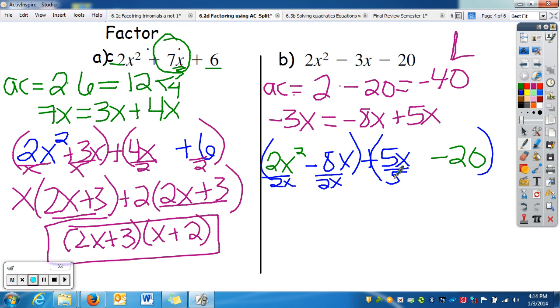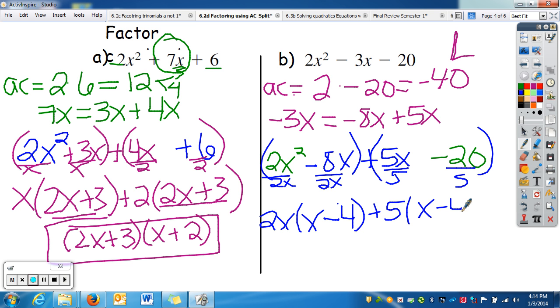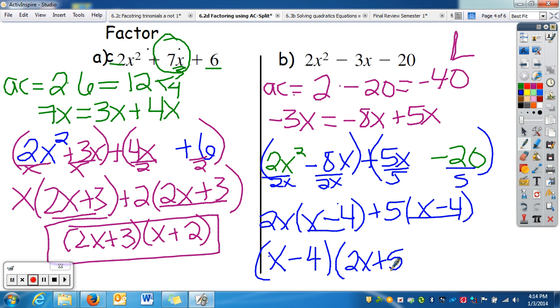Factor out the GCF of each one. So I have 2x times x minus 4 plus 5 times x minus 4. So you factor out what's in common on both of these, which is x minus 4, and 2x plus 5.